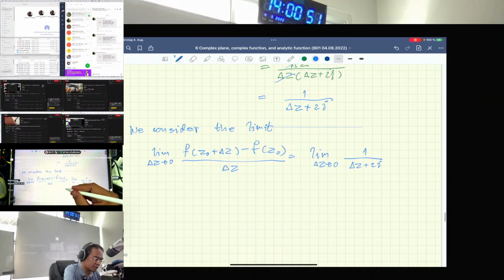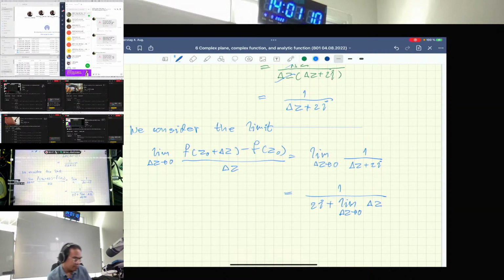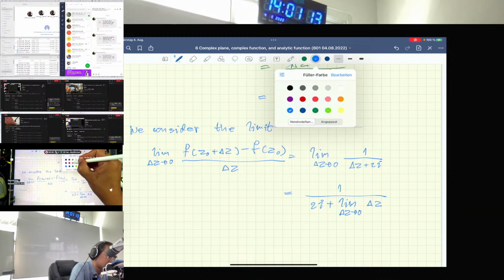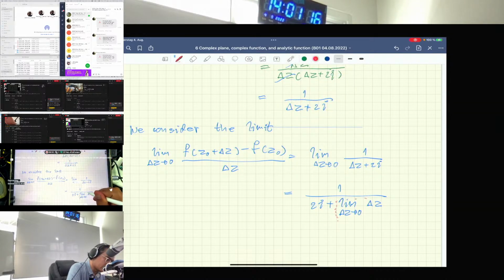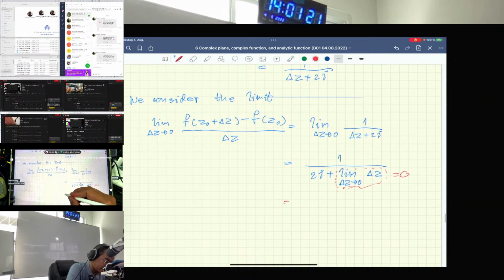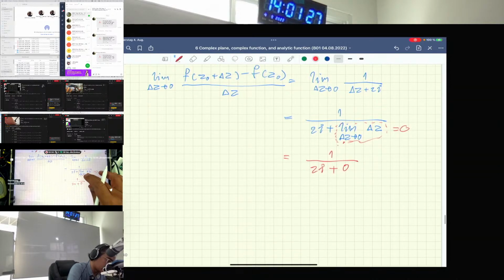Okay, and if you go further, it means you have 1 by 2I plus the limit as delta z goes to 0 of delta z. But this term will remain 0, right? It's equal to 0. So finally you will get 1 by 2I plus 0, or simply speaking 1 by 2I.